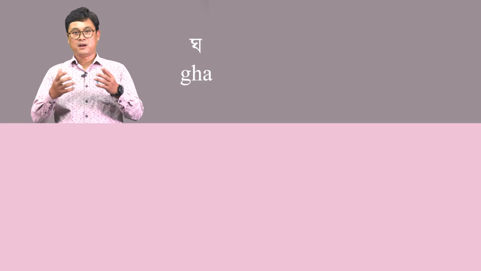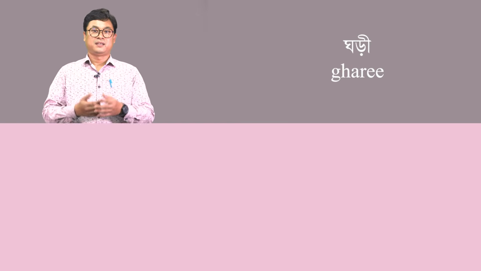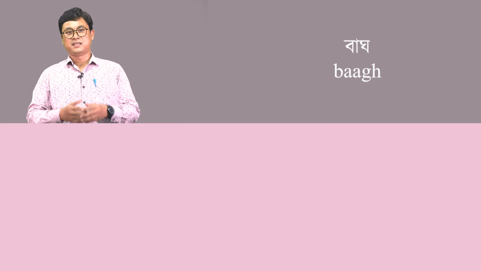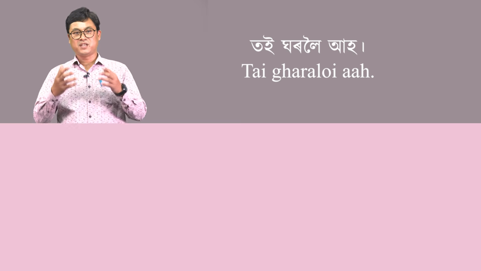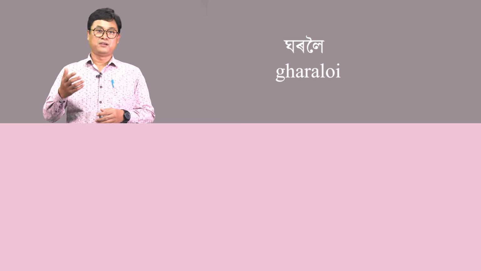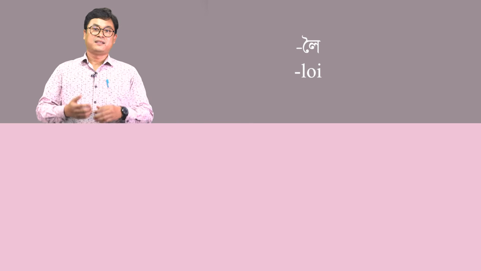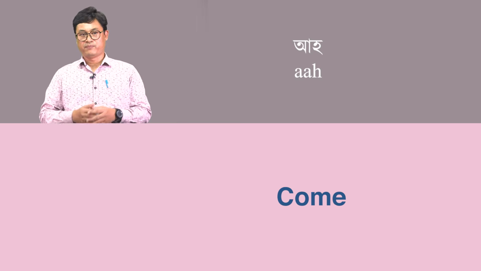Gha, gha for ghar, which means house. Ghari, that means woods, and bagh means tiger. Toi ghoroloi ah, that means you come home. Here, toi means you, ghoroloi means to home, and the loi suffix indicates a destination, and ah means come.